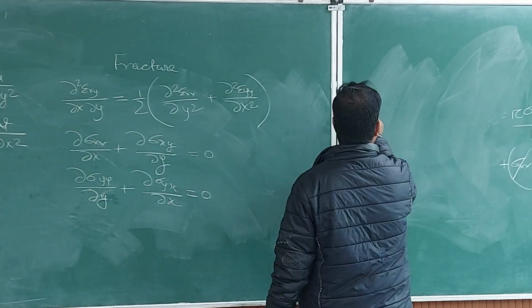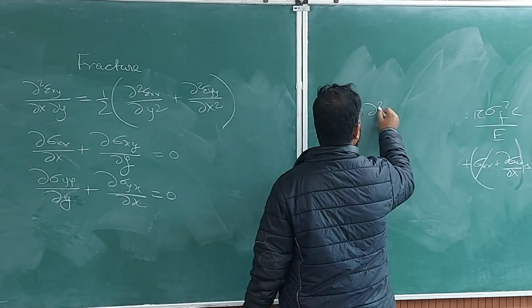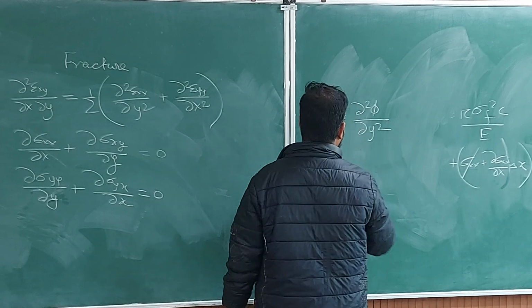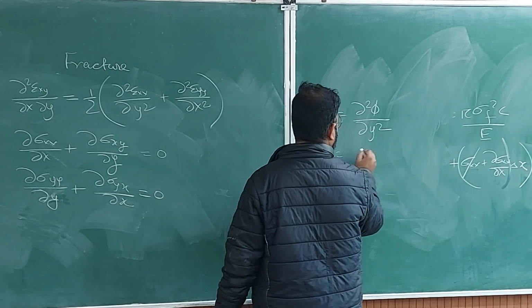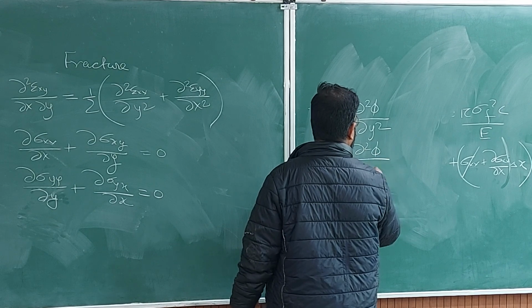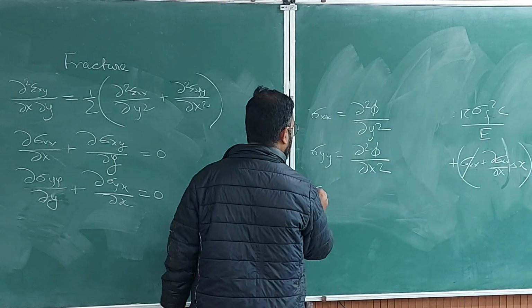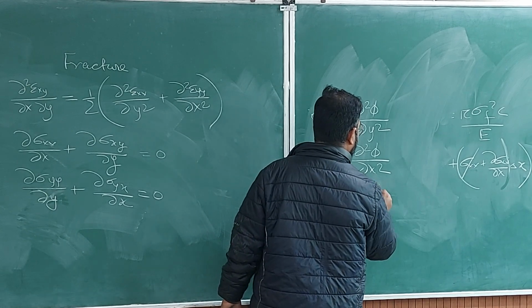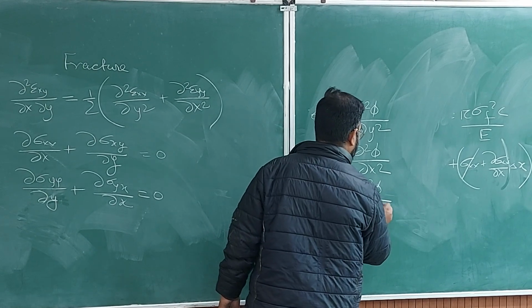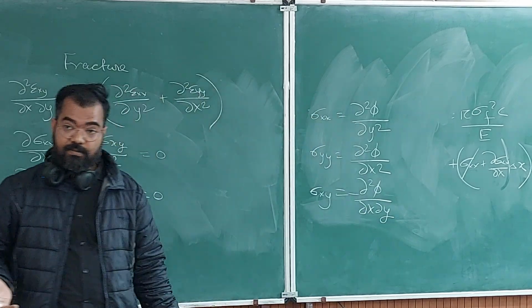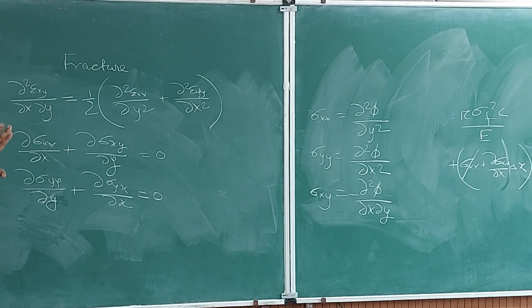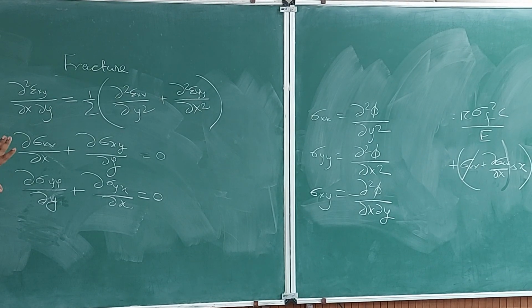So if I take sigma xx equal to del 2 phi by del y square, where phi is a function, and sigma yy equal to the double derivative of the same function with respect to x square, and sigma xy equal to negative del 2 phi by del x del y. I don't know what phi is, but phi is a function, and if you plug them here, you will see that they automatically become 0.